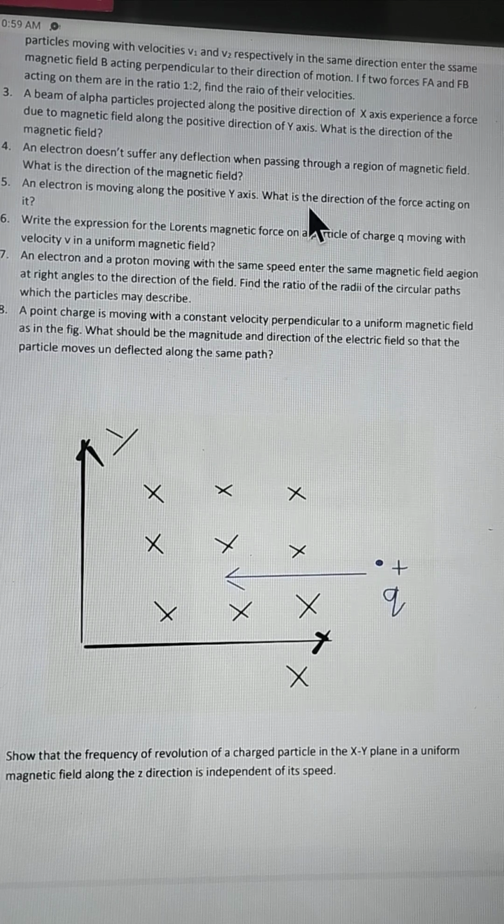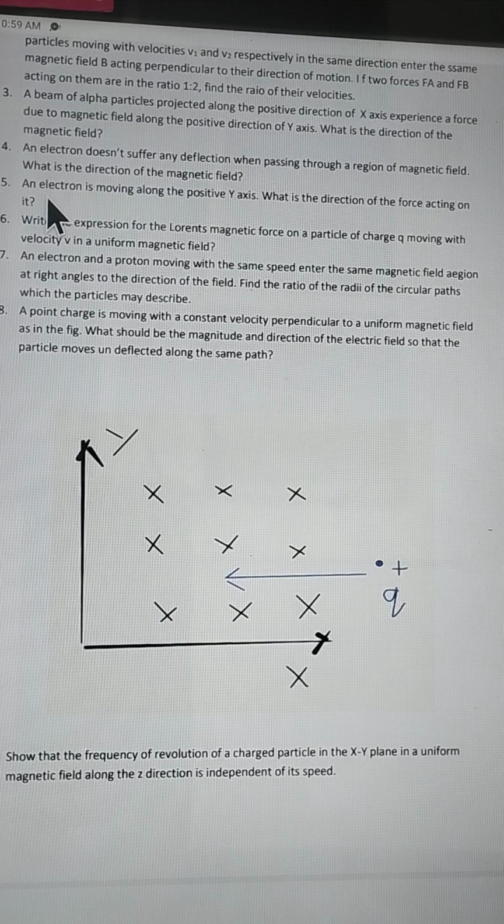What is the direction of the force acting on it if the magnetic field is acting along the x direction? The direction of magnetic field is given along x direction. So just an application of Fleming's left hand rule.